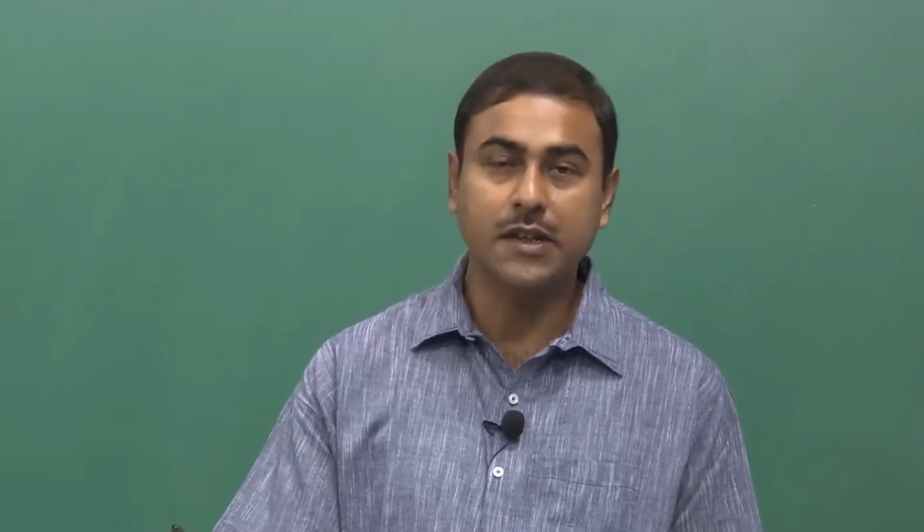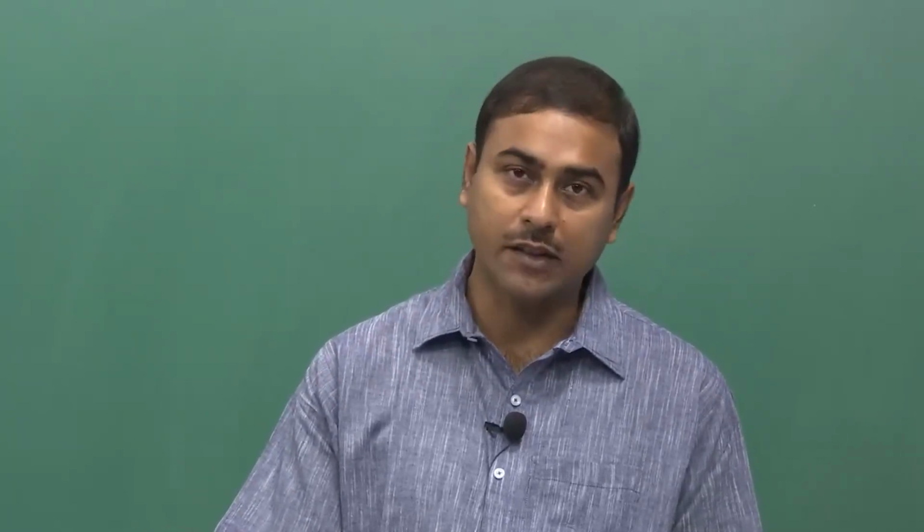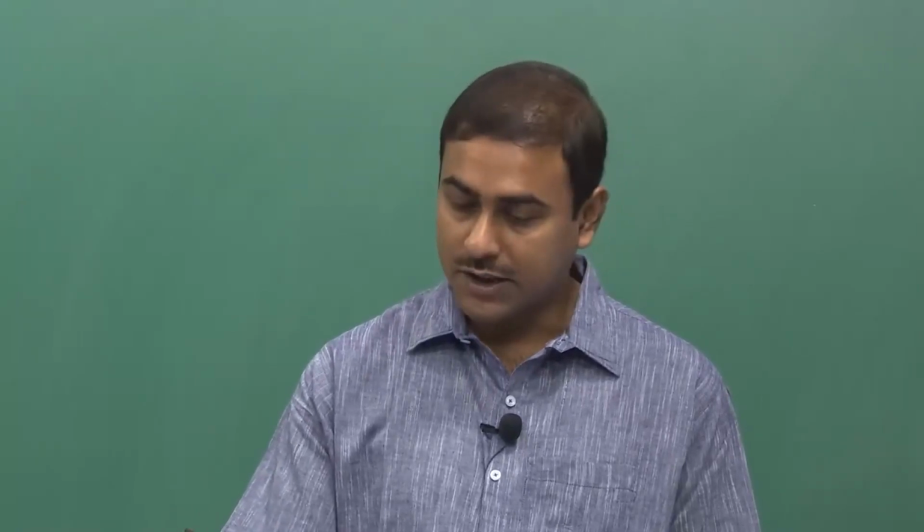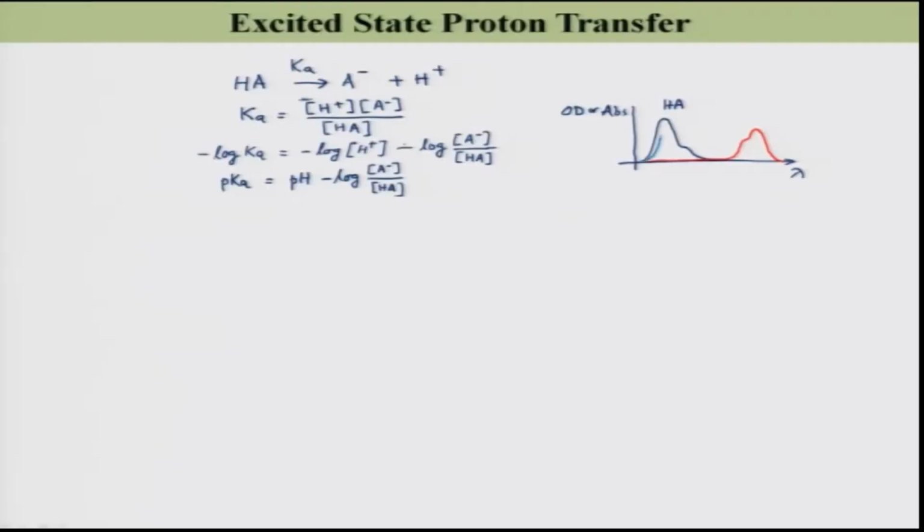Individually, if you know these epsilon values, then from there you will be able to calculate the concentration. So, initially if this was HA, then this HA will decrease and there is some formation of this A minus. If you increase the pH more, then it will be like this and so on.